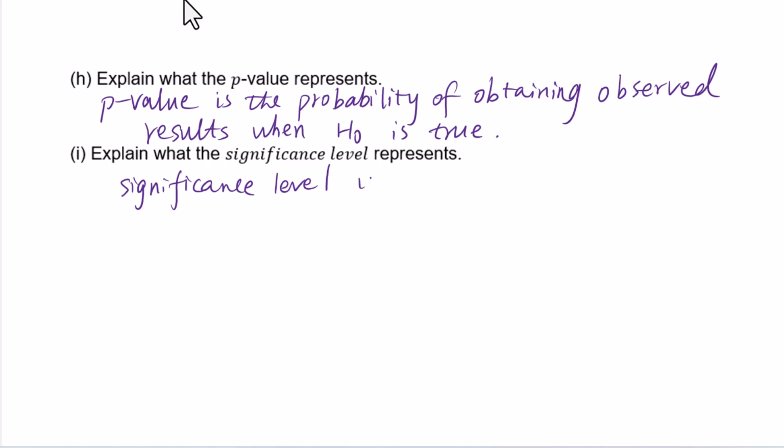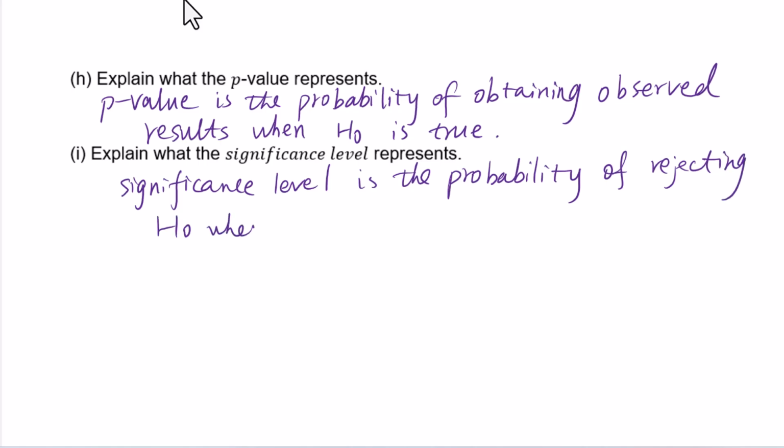Significance level is also the probability of rejecting H0 when H0 is true. You can compare p-value and significance level so that you can remember these two together. Both are probabilities calculated assuming H0 is true.